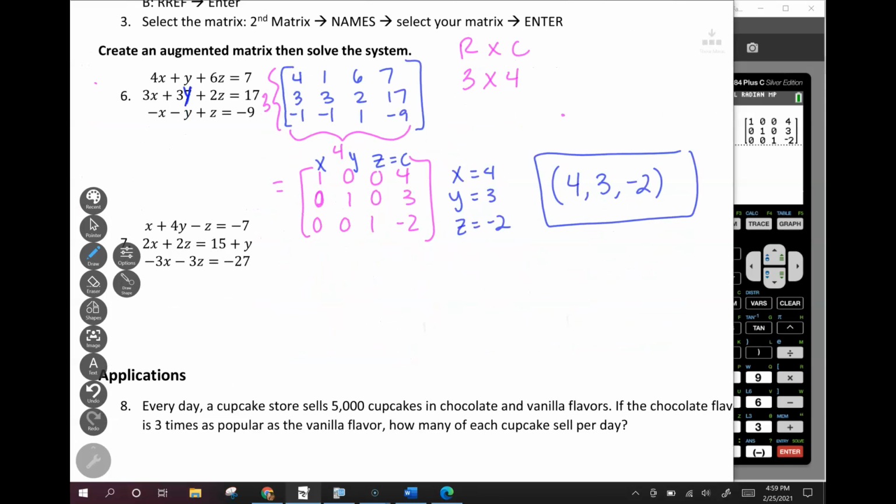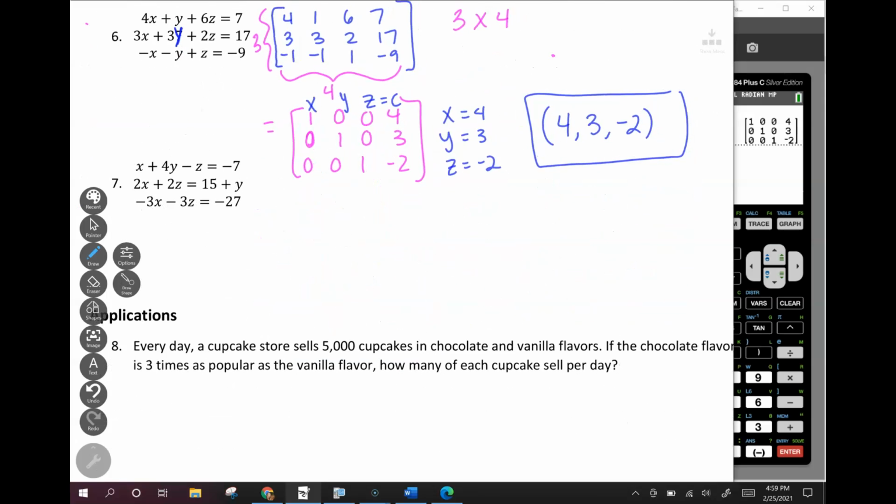Let's try another one. So number 7. First, we need our augmented matrix. And so first you need to make sure all of your equations are in standard form, x, y, z equals a number. It looks like we need to fix this second equation because it's got x, z equals a number plus y.